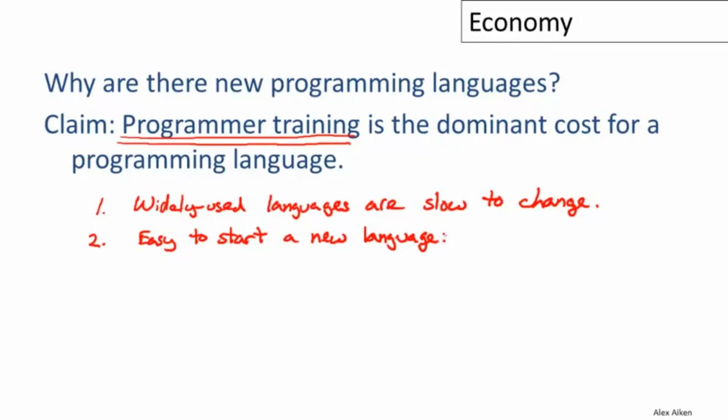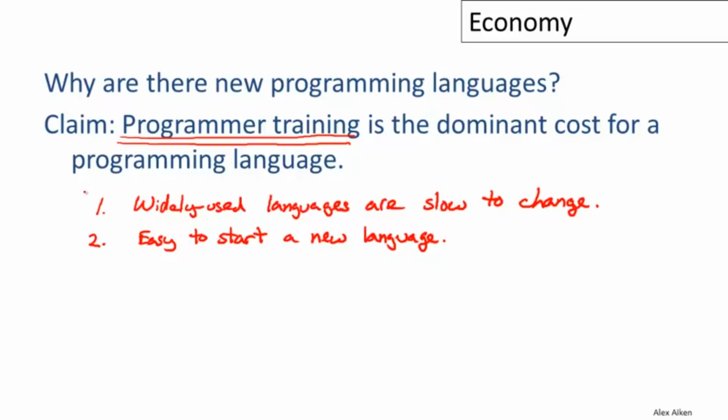And so there's essentially 0 training cost at the beginning. And then even when you have just a few users, the cost of teaching them the changes in the language is not very high. And so new languages can evolve much more quickly. They can adapt much more quickly to changing situations. And it's just not very costly to experiment with a new language at all.